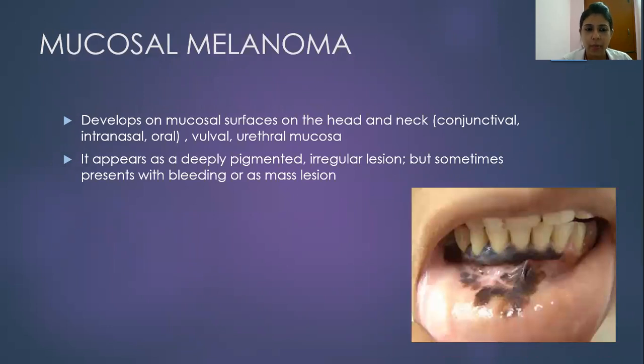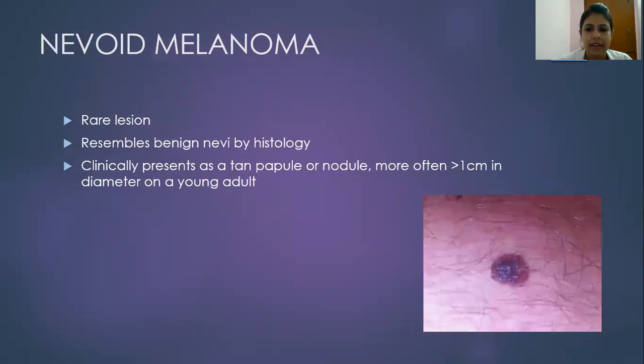Next, mucosal melanoma. It develops on the mucosal surface of the head and neck region, that is conjunctival, intranasal, oral, and urethral mucosa. It appears as a deeply pigmented, irregular lesion that sometimes presents with bleeding or as a mass lesion. Nevoid melanoma is a rare lesion. It resembles benign nevi by histology.